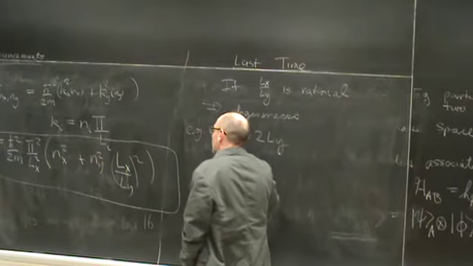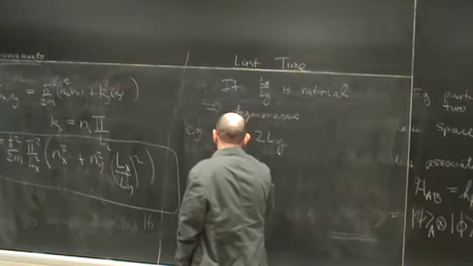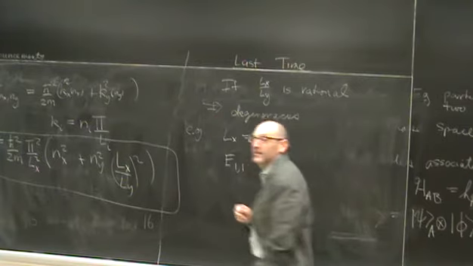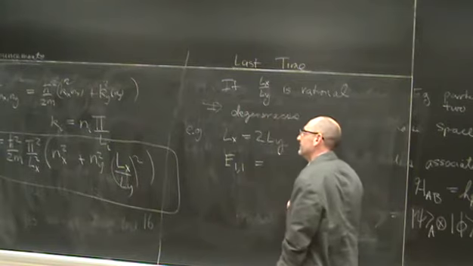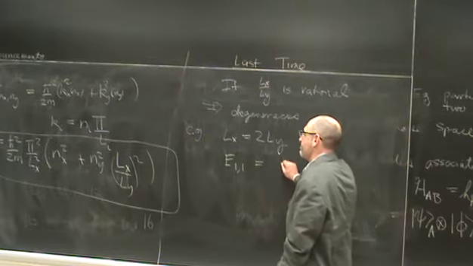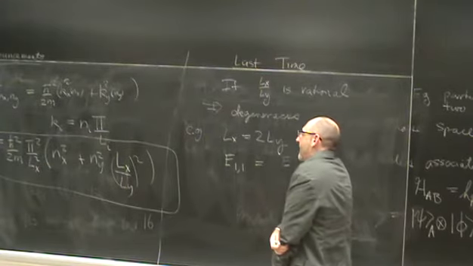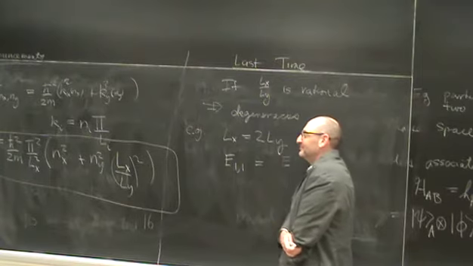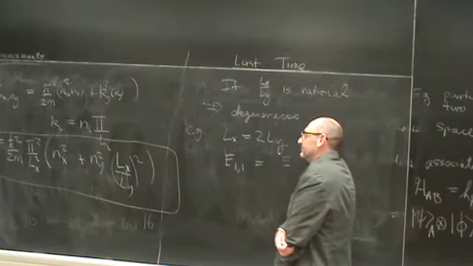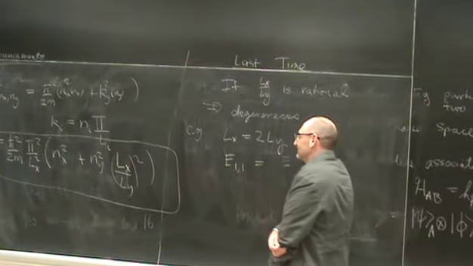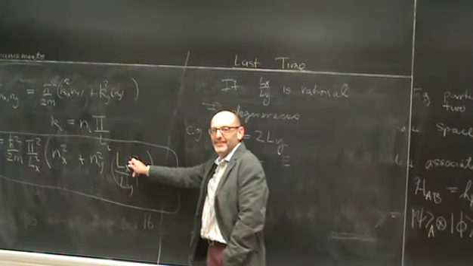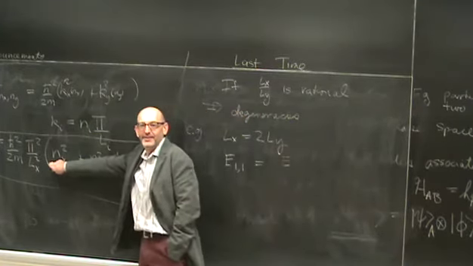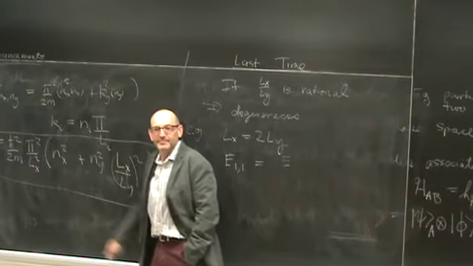E_{1,1} here, right, is the same thing as what? If n_x is, well, this is 2 squared, right? So if this is 1 and this is 2, that's the same thing if this is 1, right?